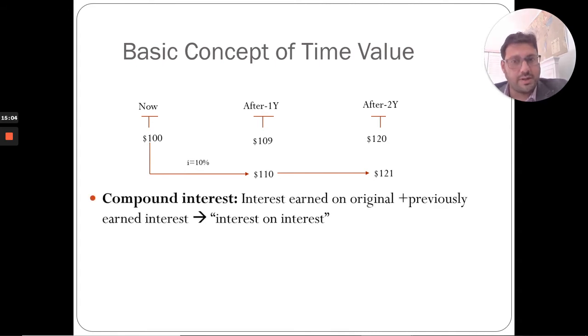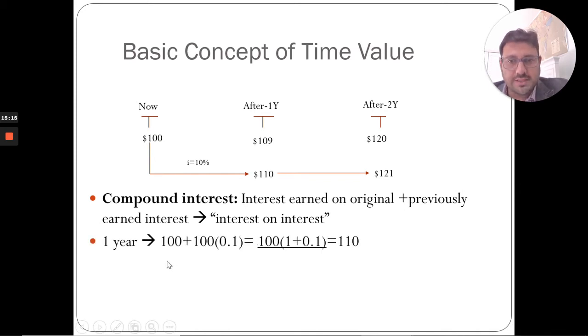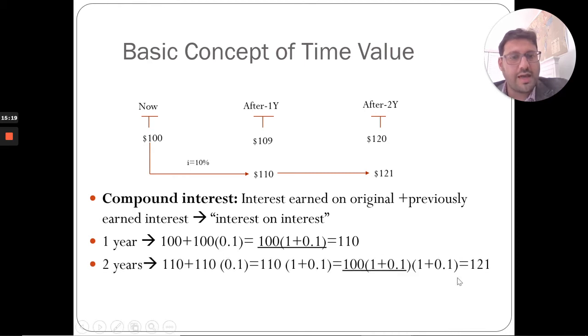Now, what is the compound interest? As I just mentioned, when your interest has the opportunity to earn the interest, that comes under the compound interest. So in the first year, we have $110, but in the second year, we have now $121. In the first year, only $10 interest was earned, but in the second year, $11 interest is earned, because in the first year, we had only $100 as the principal amount on which the interest is earned.